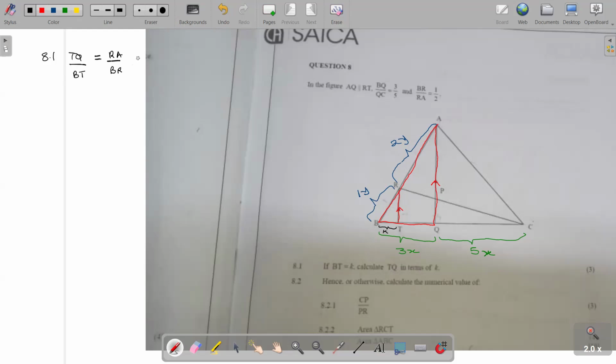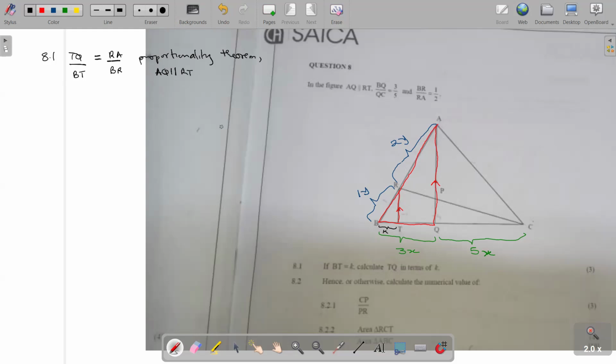It's the proportionality theorem. Which sides are parallel? We are told that AQ is parallel to RT.